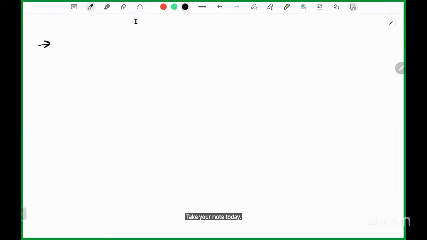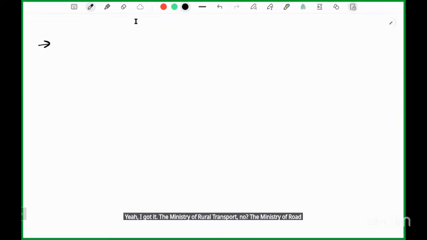Which question? Question number 5. The Ministry of Road Transport and Highway wants to connect 3. Yeah, I got it.